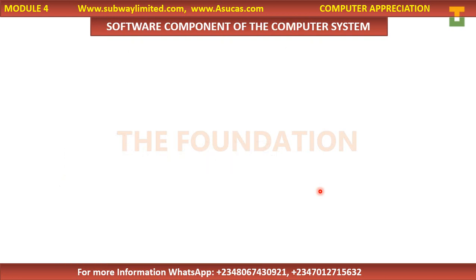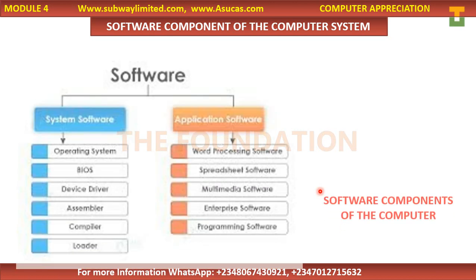So let's take a closer look at software components of the computer system. Later we will take a closer look at at least one hardware component and one software component. We analyze them and we set the stage for the next information.